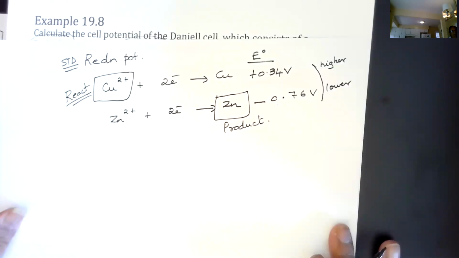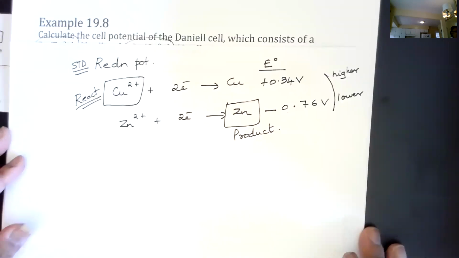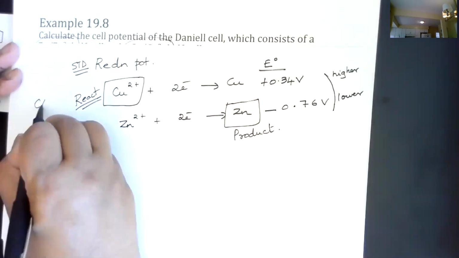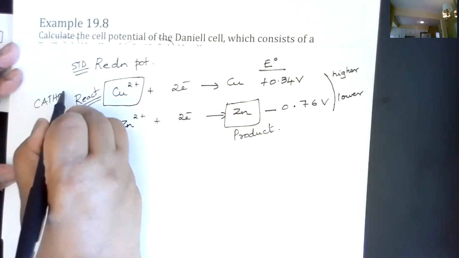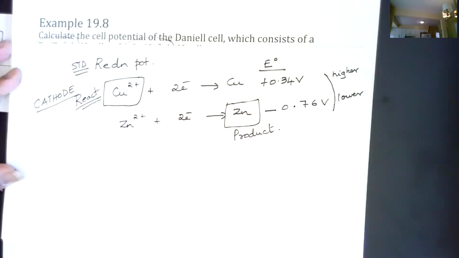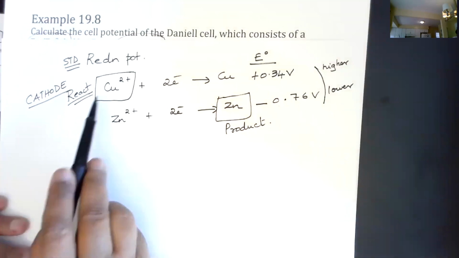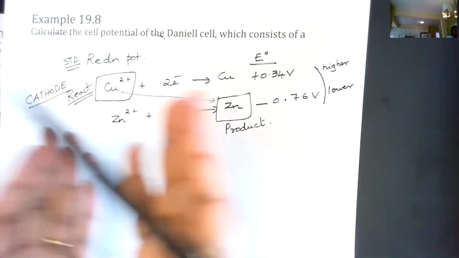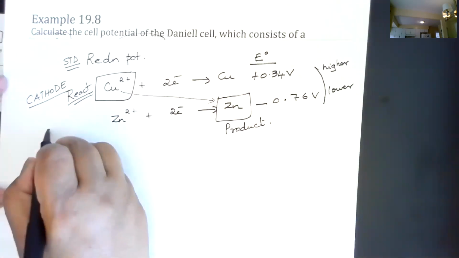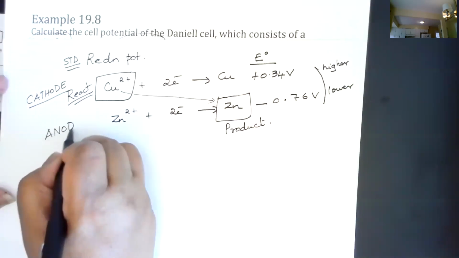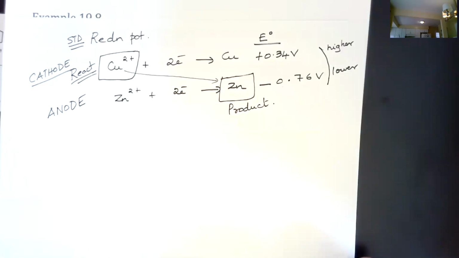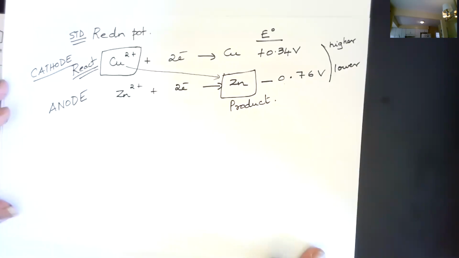What that means is this likes to remain this way and be the cathode. And if it should react with zinc, then zinc should flip. So this guy is the anode. And it's all trial and error. If you get E0 cell as negative, then flip the two.